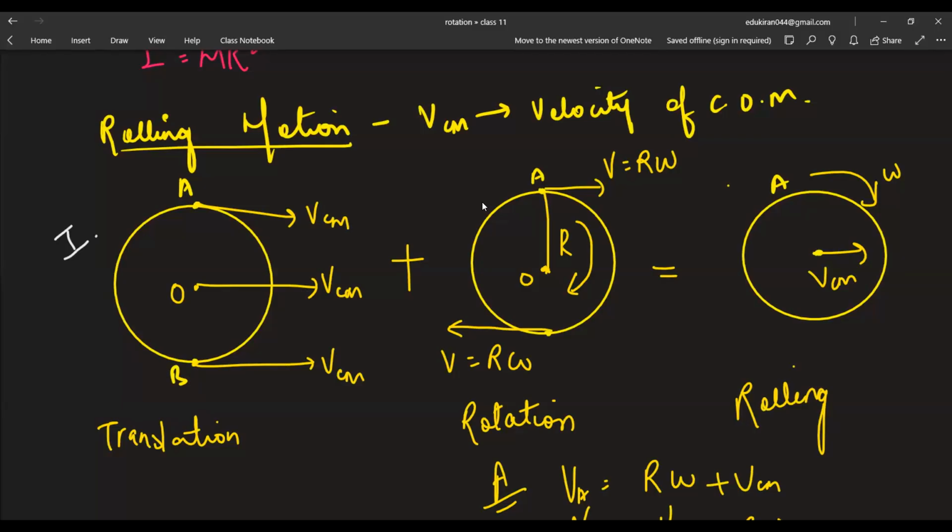Even if I replace this entire mass with just a single point, that point will fulfill all the requirements of that body. That single point will deliver the velocity, also acceleration, for the entire body.